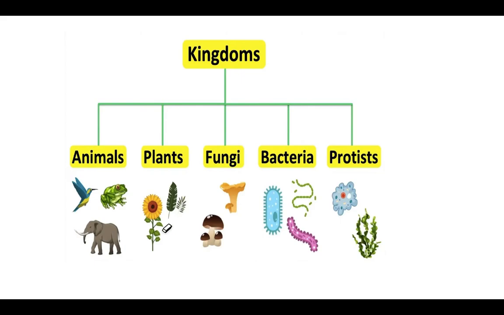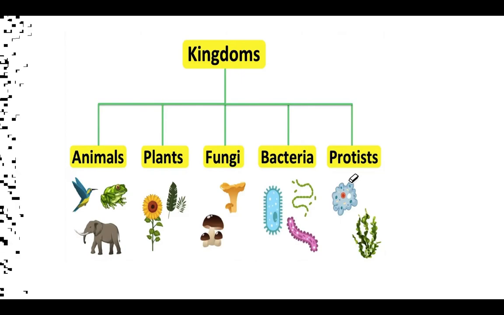In animals we find birds, frogs, elephants, human beings, and so many others. Then plants, then fungi, then bacteria or Monera, and then we have Protista. Even parasites are in here.